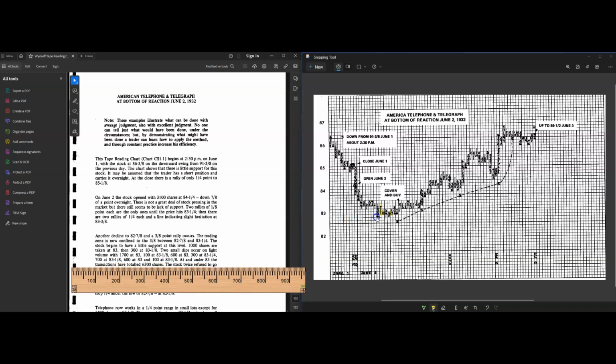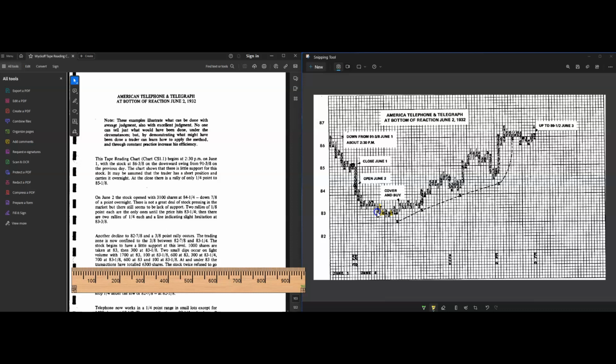So at and under 83, the transactions have totaled 6,300 shares. So he's profiling the volume at 83. This is volume profile. This is what he's talking about.